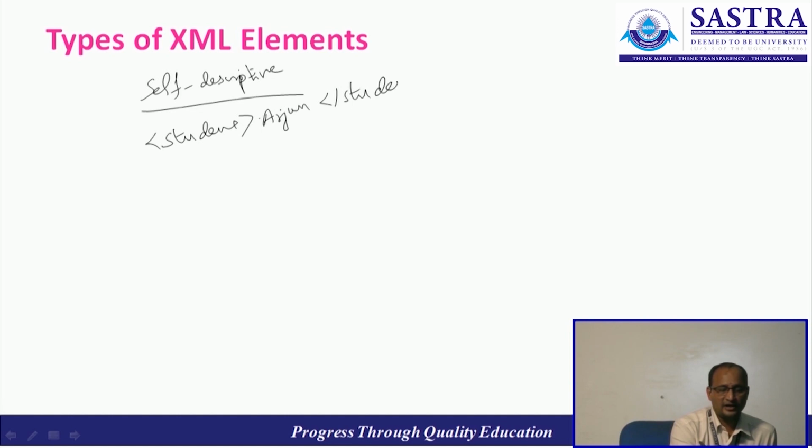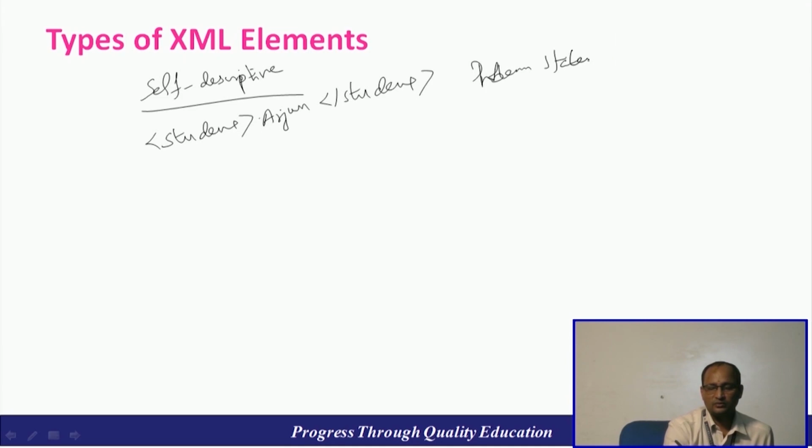We have to create XML elements in that way. It should be very close to the problem statement or the information we are going to make as an XML document.